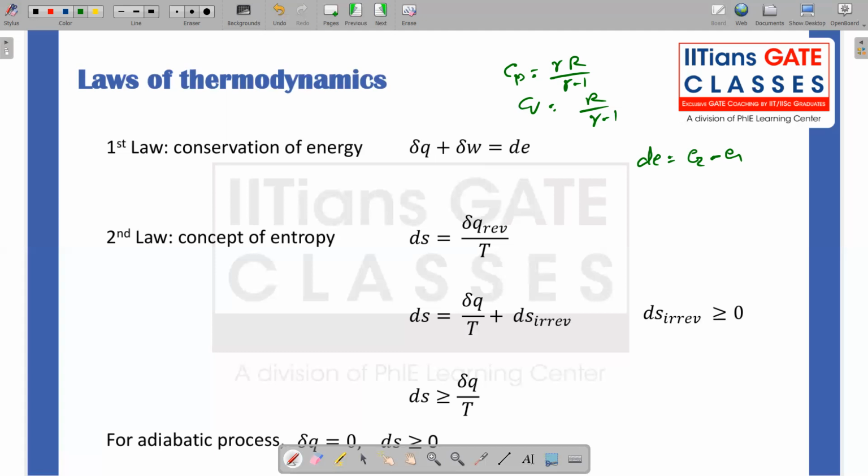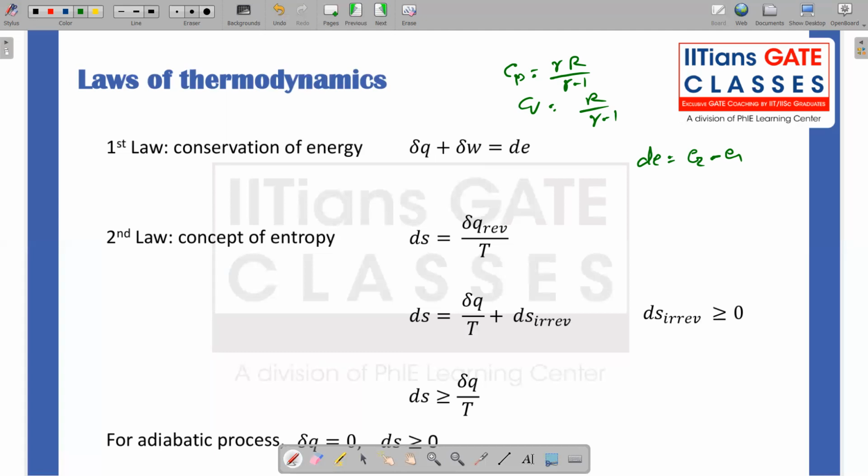So that is why the second law of thermodynamics says that the process will take place such that the entropy of a system is going to increase. That is the important direction in which the process has to take place. The second law brings in that constraint.